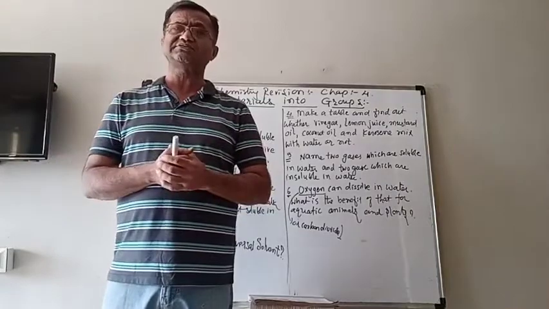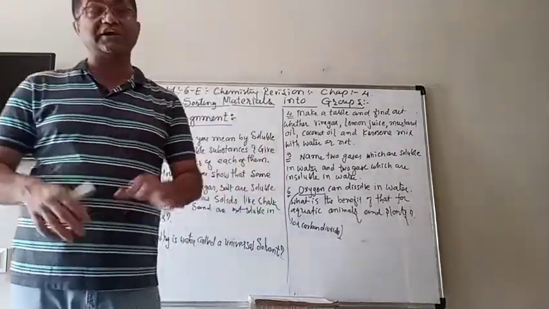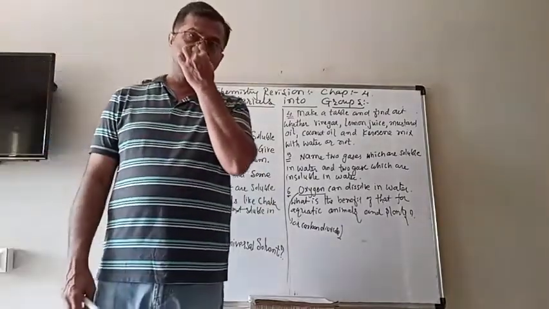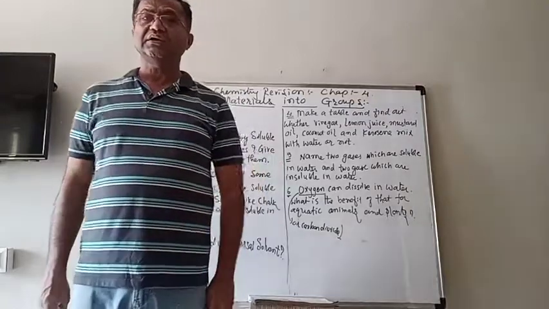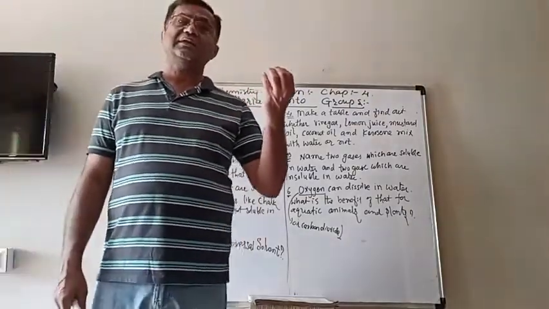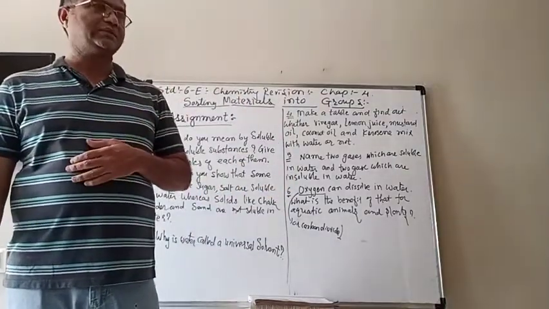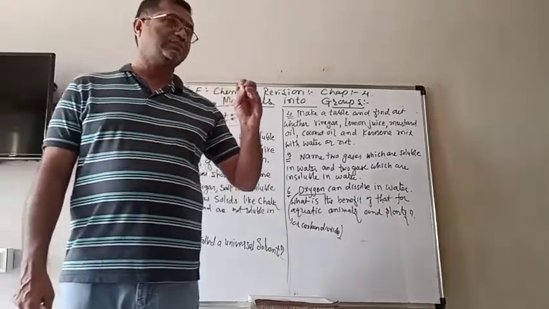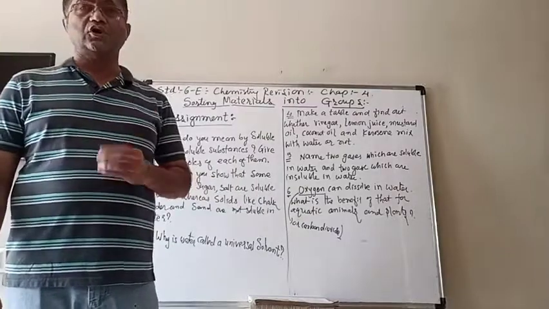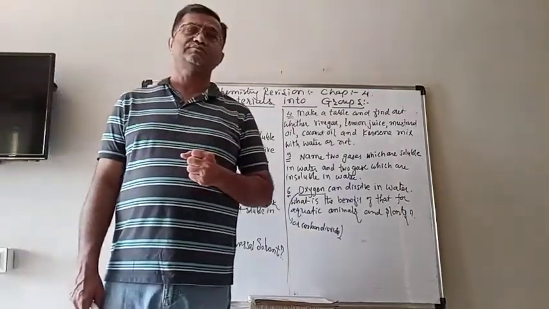I mean those animals which always stay in the water. They cannot survive in air. How do they breathe? Because there is no air in the water. So they take the dissolved oxygen, because in their body there are some structures like gills. If you see the fish, there are gills on the body.